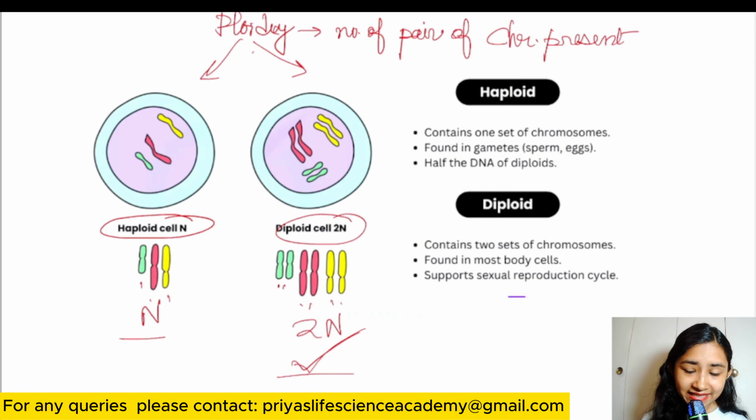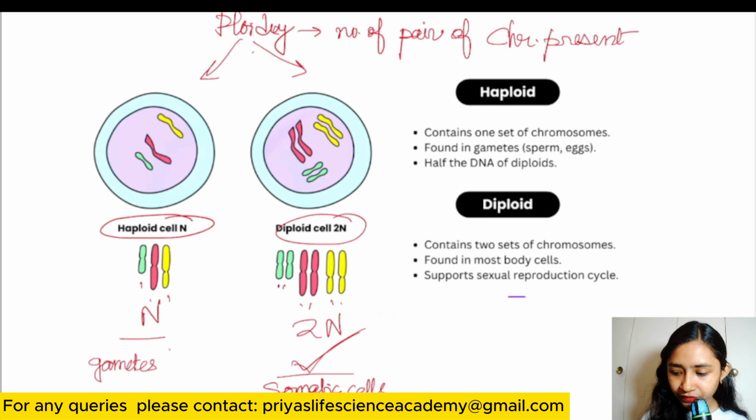All of our somatic cells are diploid in nature. Okay, somatic cells are diploid in nature, but the haploid cells, yes, you guessed right, are the gametes. The gametes are haploid, or gametes are the germ cells. That is, in male it is sperm and in female it is ovum.